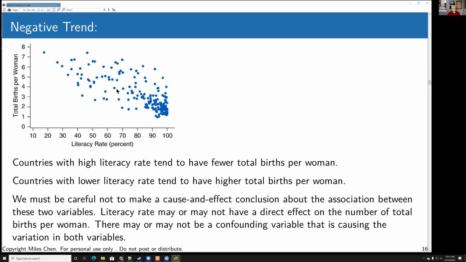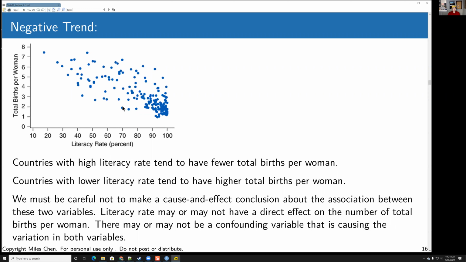As the literacy rate increases, the general trend is that the total births per woman decreases. In countries with around a 100% literacy rate, total births per woman is somewhere around 2, maybe a little lower, 1.5, maybe up to around 3, but in general lower. Now there's quite a bit of spread.